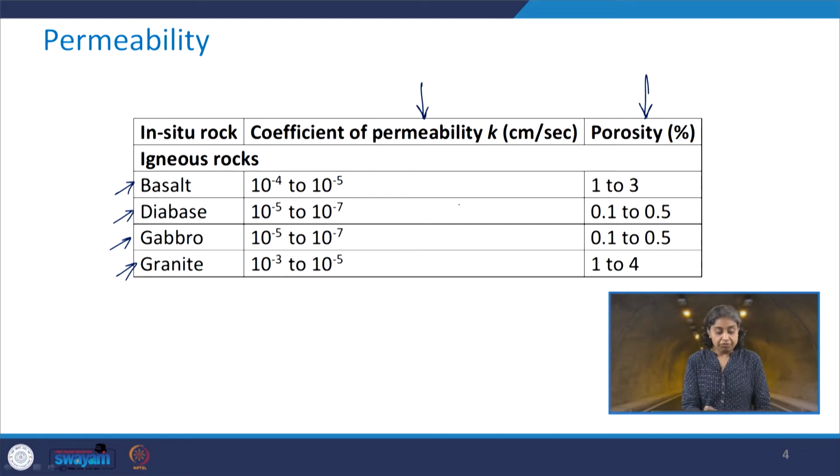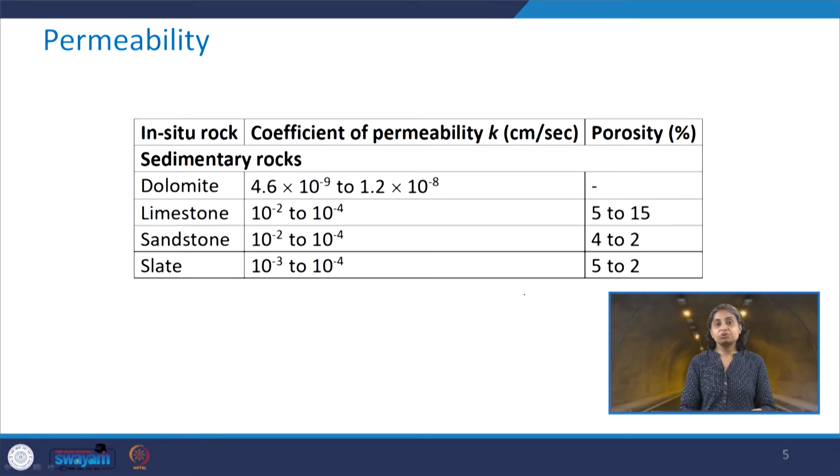For basalt, it varies between 10 to the power of minus 4 to 10 to the power of minus 5, and the porosity is between 1 to 3%. However, in case of granite, it is 10 to the power of minus 3 to 10 to the power of minus 5 with the porosity 1 to 4%. And similarly, the values are given for diabase and gabbro.